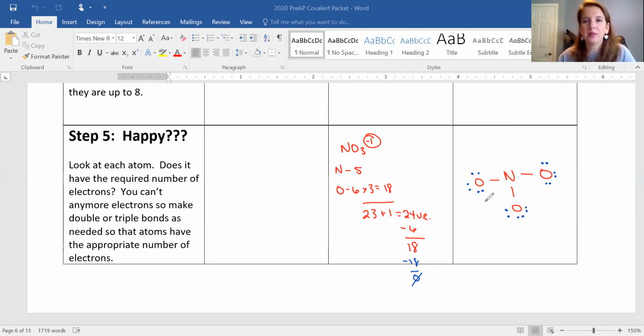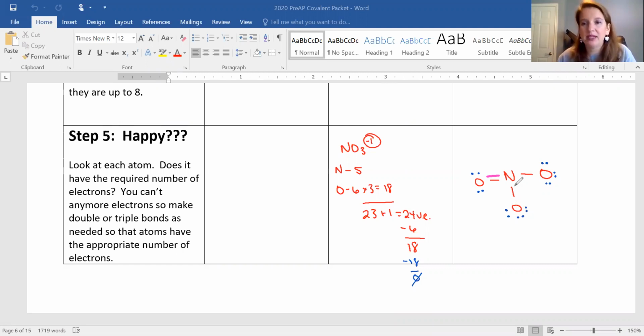So that means we have to take a pair of electrons away and make a double bond, which we can do just like this. Now the question is, does it matter which one we make the double bond to? Which oxygen? No. Since it doesn't matter and that double bond could exist between the oxygen on the left, the right, or the bottom, we indicate resonance.